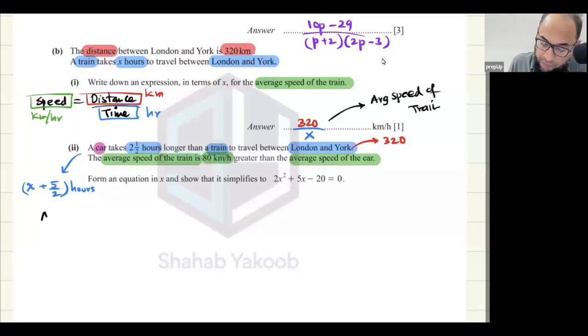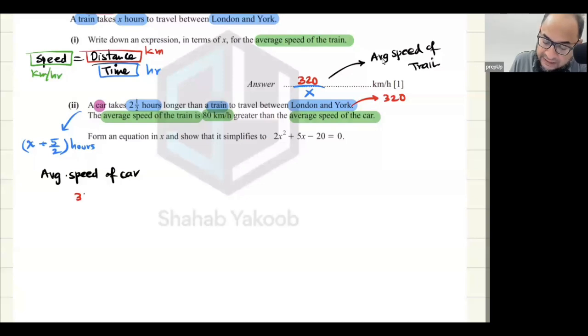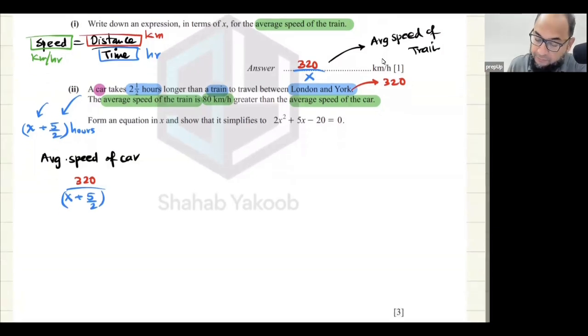Now if I talk about the average speed of the car, that should be the same 320 because the distance hasn't changed. The two towns are still in their current position. And now the time is this one, so that divided by x plus 5 over 2, that is the average speed of the car. So new time, old distance, this is the average speed of the car.